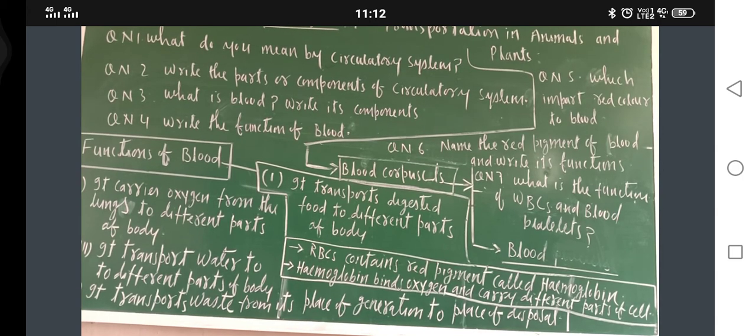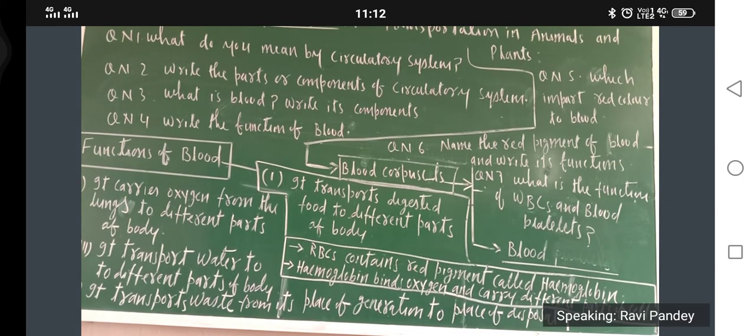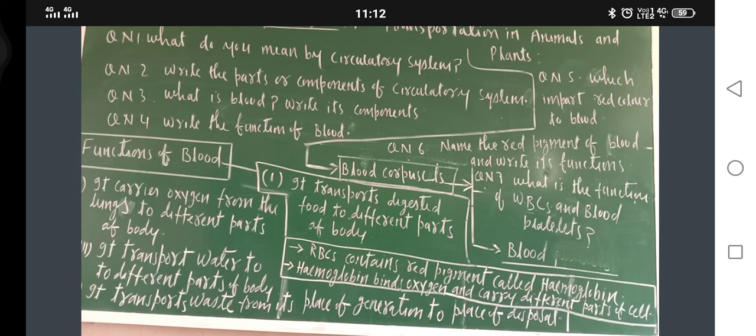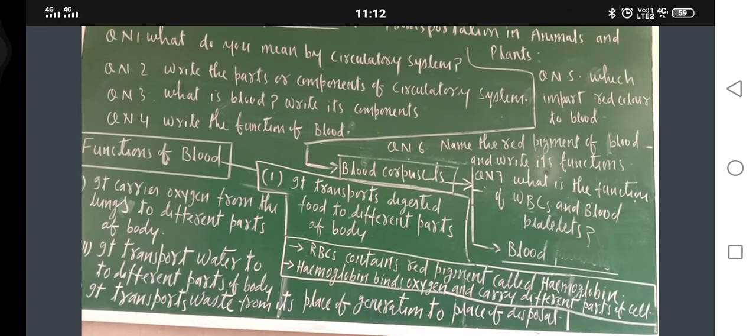Hemoglobin only binds the oxygen, no? So if hemoglobin is less in your body, then you will suffer from one disease that is called anemia. Now what would be there? You will become tired very easily because your body is not getting sufficient oxygen. If sufficient oxygen is not there, food will not be broken into pieces and energy will not be released.